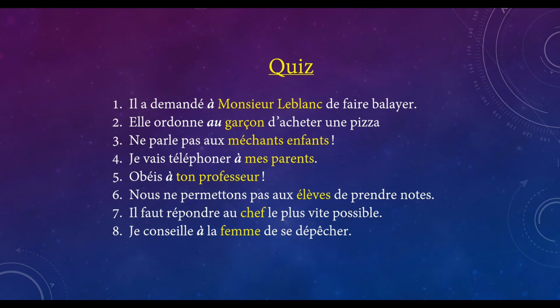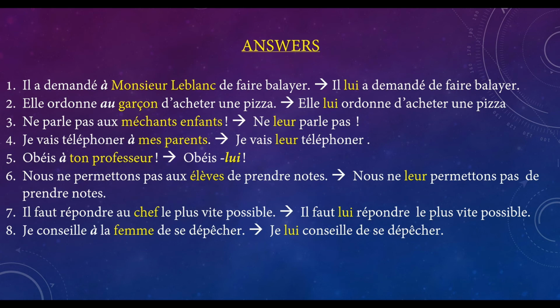You can pause the video here and then play it again to see the answers. So I hope you have done it. I am going to show the answers now. Are you ready? Okay. So here are the answers.